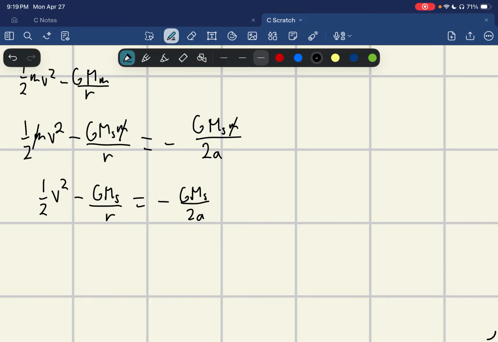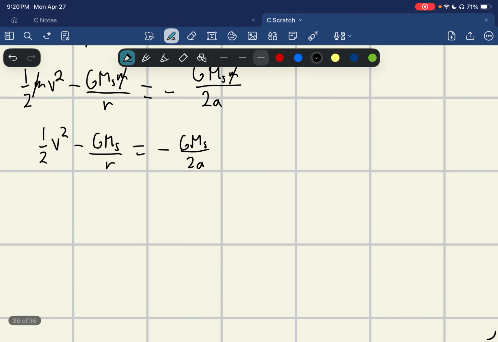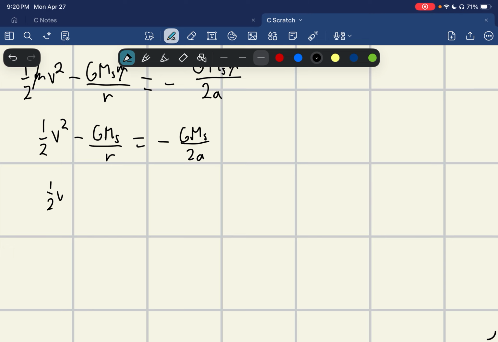And then here I'll just isolate for v squared. So first I would move GMs over r to the other side. So 1/2 v squared is equal to GMs over r minus GMs over 2a.